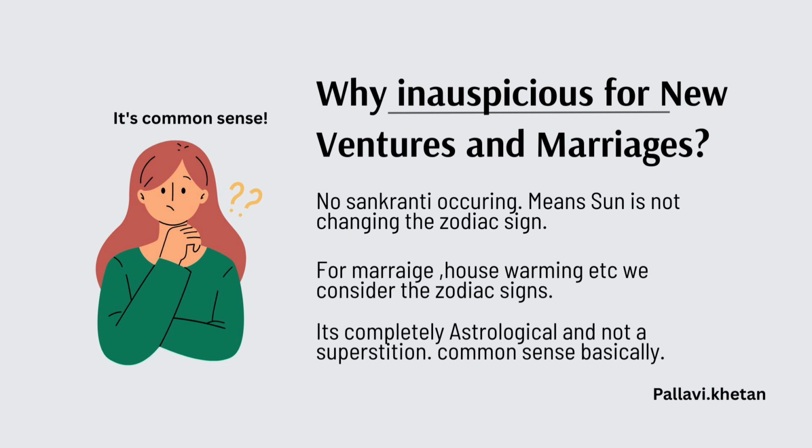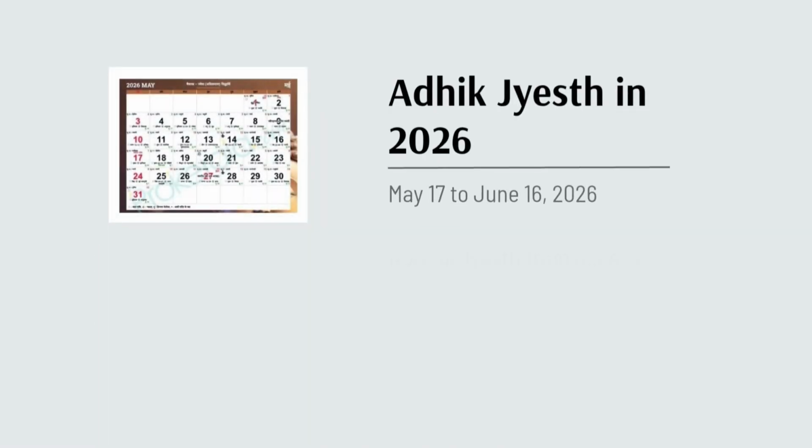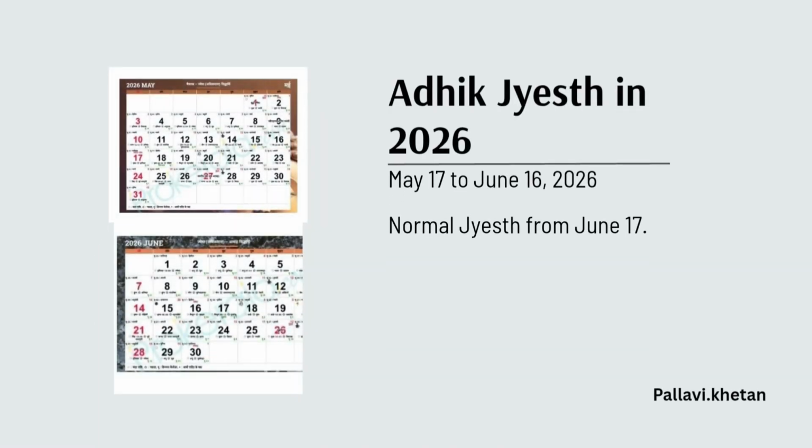And because we have 12 zodiac signs and all the housewarming and marriages etc. are based on the zodiac sign, that is the moon sign or sun sign, during this period it's very difficult to find a muhurat. So that's why during this extra month, it is wise to do spiritual things, or maybe more puja, or also fasting, and all is very auspicious because you are getting extra merits for doing this.